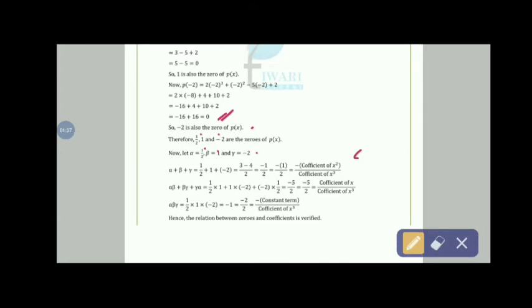Then alpha beta plus beta gamma plus gamma alpha is equal to 1/2 into 1 plus 1 into minus 2 plus minus 2 into 1/2, which gives minus 5/2, that is coefficient of x over coefficient of x cube. Then alpha beta gamma is 1/2 into 1 into minus 2, which gives minus 1, which can be written as minus 2 over 2, that is minus constant term over coefficient of x cube. Hence the relation between the zeros and the coefficients is verified.